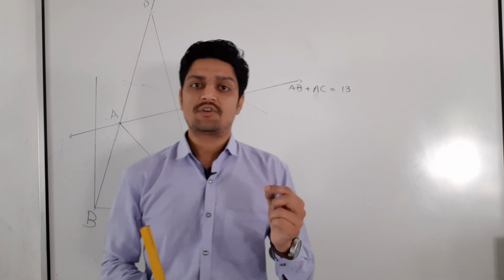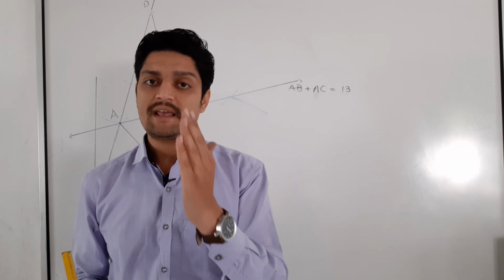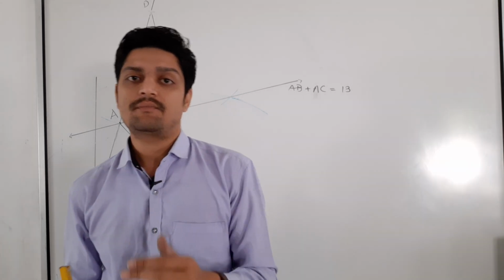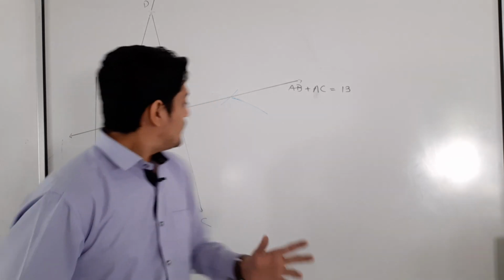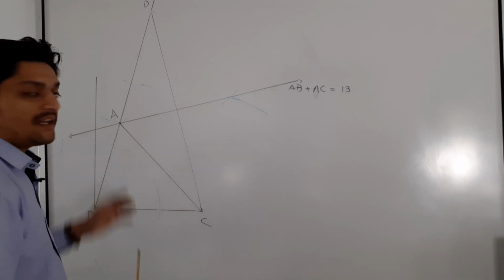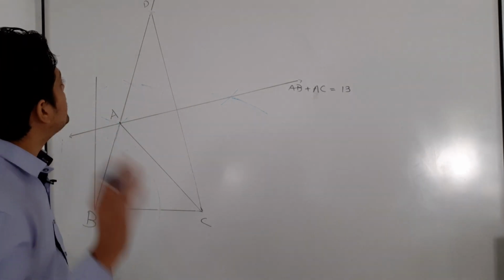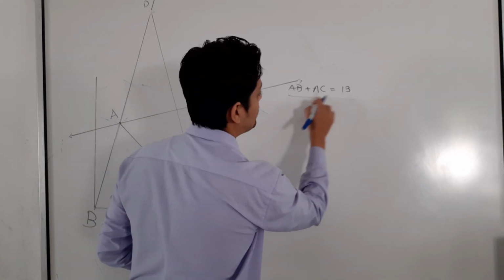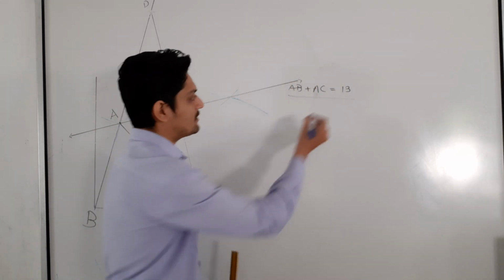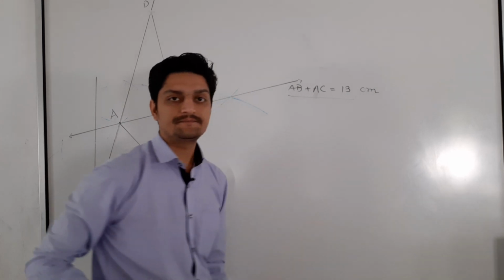After drawing the 75-degree angle, we take the total length: AB plus AC is equal to 13 centimeter, it is given.